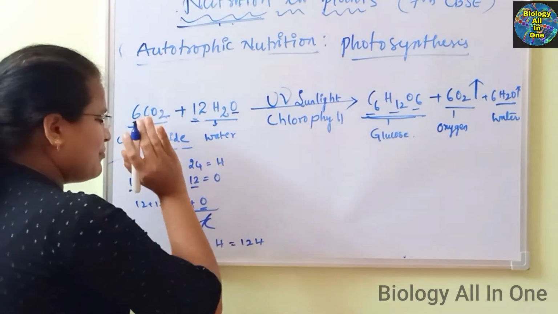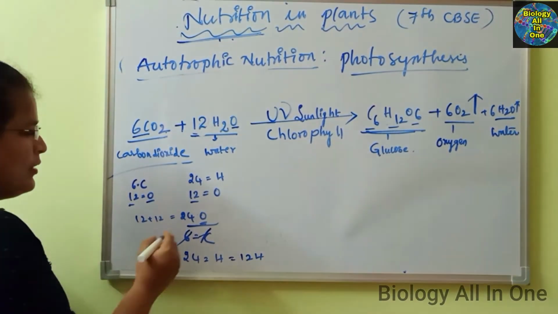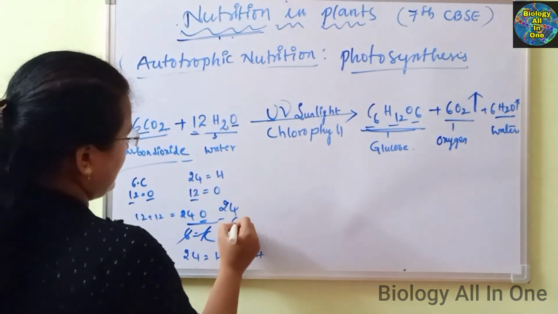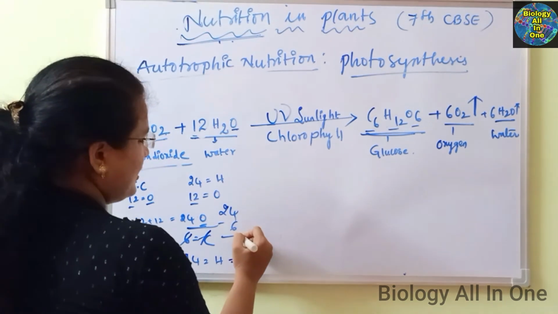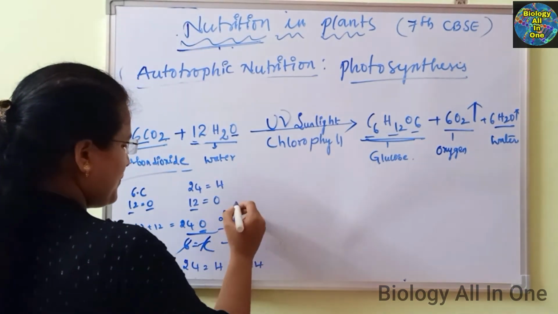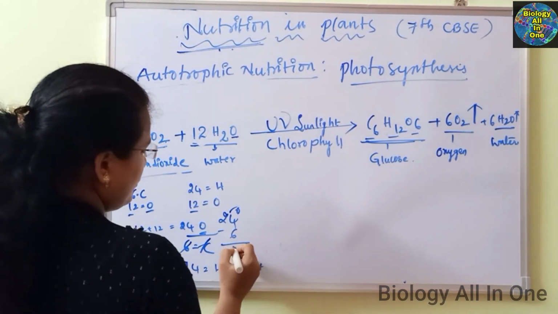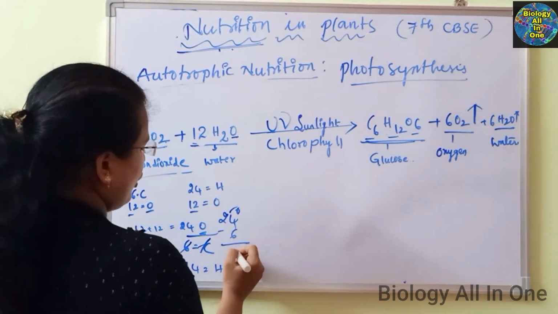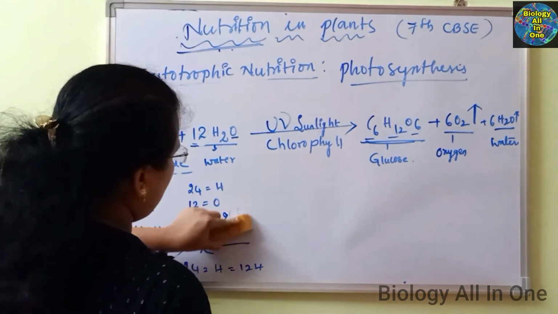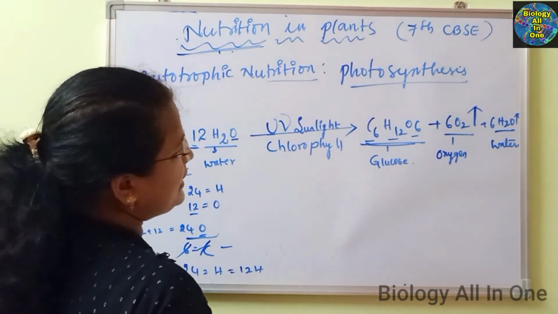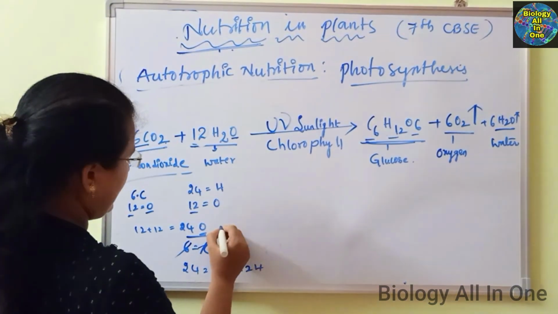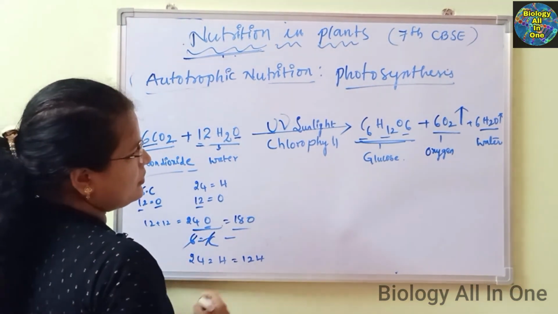In that, you have to do 24 minus 6. What is 24 minus 6? 18. Out of 24, 6 got finished. See, after finishing the 6, you are having 18 here. Okay, 18 O's are there.